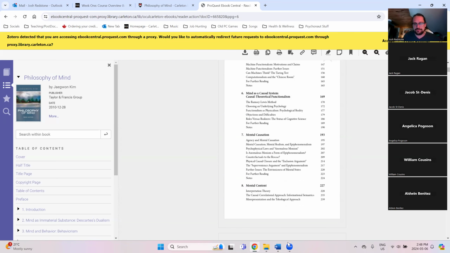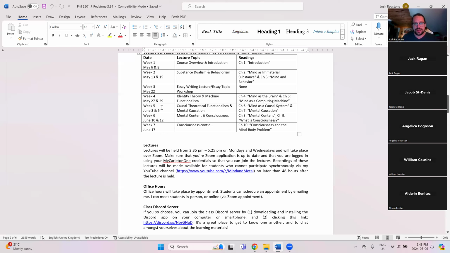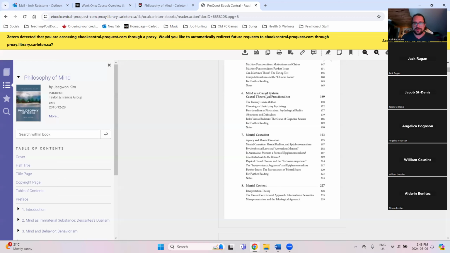Then in week 6, we'll talk about causal theoretical functionalism and mental causation. So causal theoretical functionalism is a way of going beyond machine functionalism, advancing it a little further than Putnam's original formulation of functionalism.